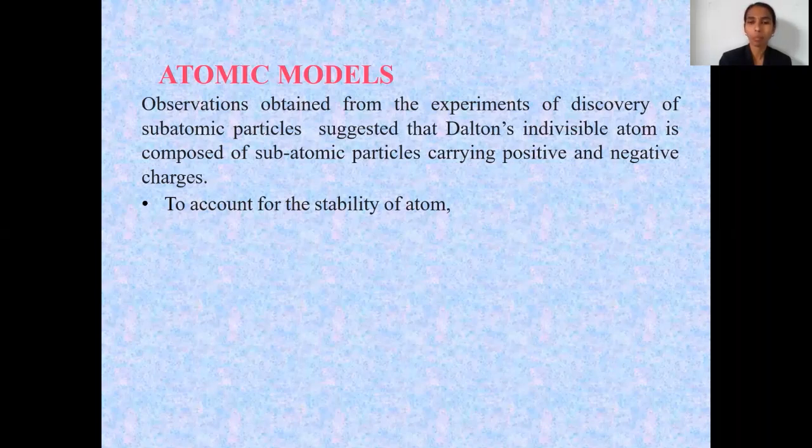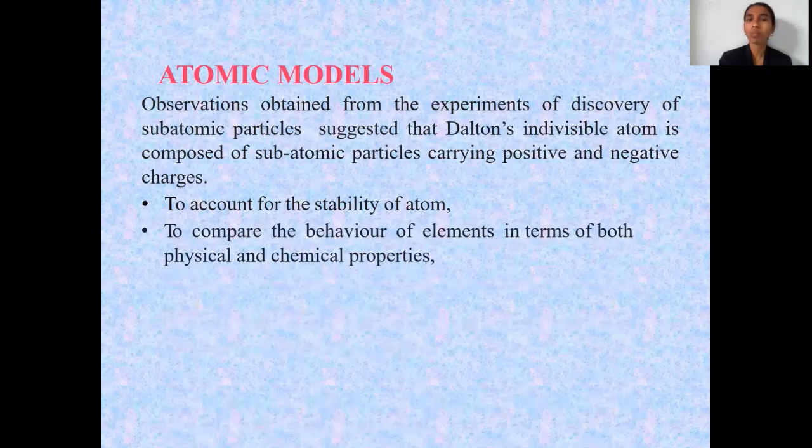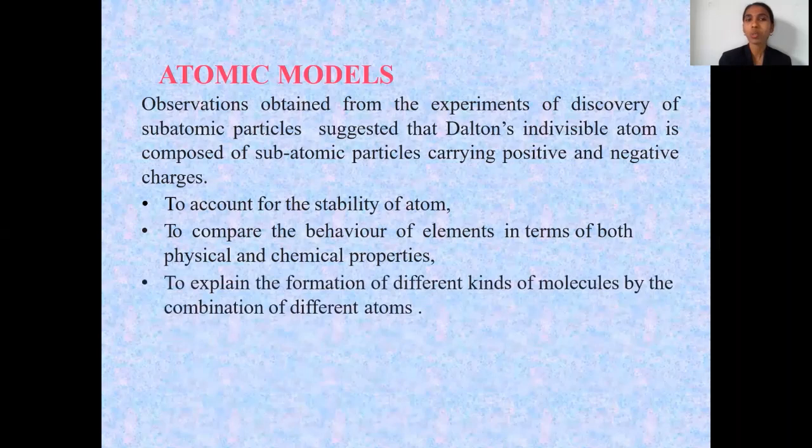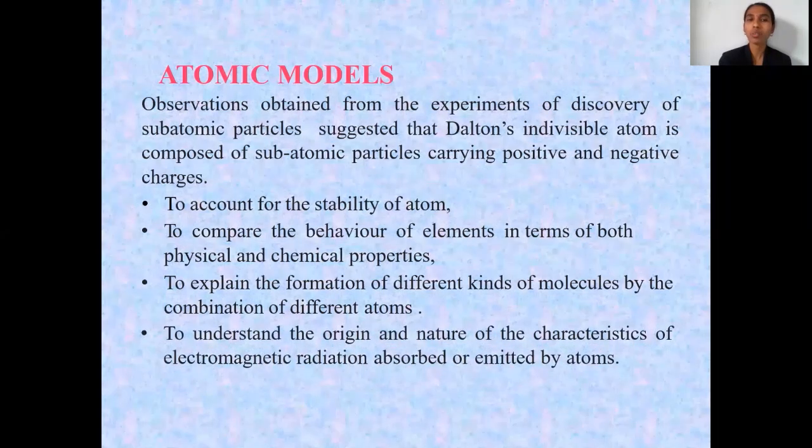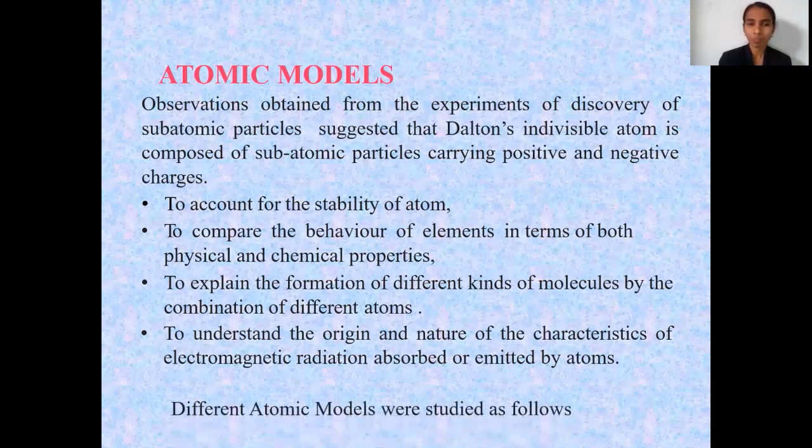To account for the stability of atoms, to compare the behavior of elements in terms of both physical and chemical properties, to explain the formation of different kinds of molecules by the combination of different atoms, and to understand the origin and nature of the characteristics of the electromagnetic radiations absorbed or emitted by the atoms.